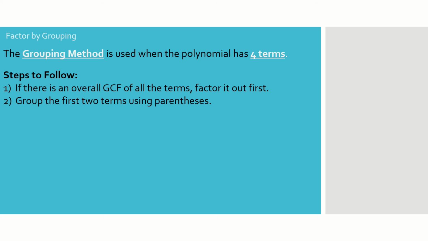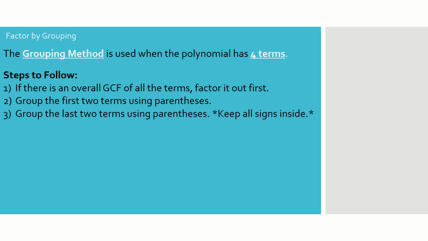We're going to take the first 2 terms, put them in parentheses, and create a group, hence the grouping method. Then we're going to do the same thing with the last 2 terms, again grouping them in parentheses. We're going to keep all the signs inside the parentheses. Then we're going to write a plus sign between the 2 groups.